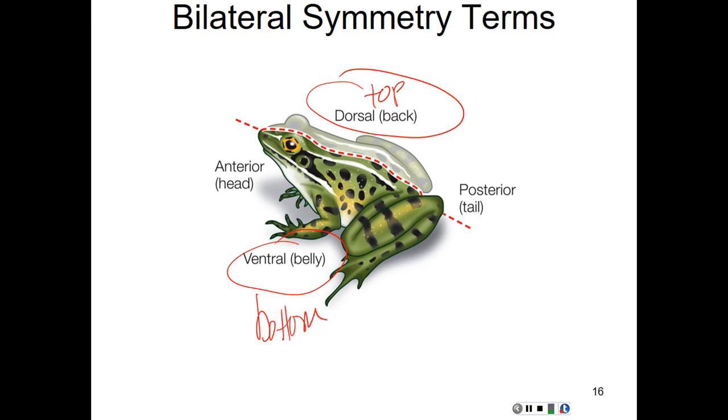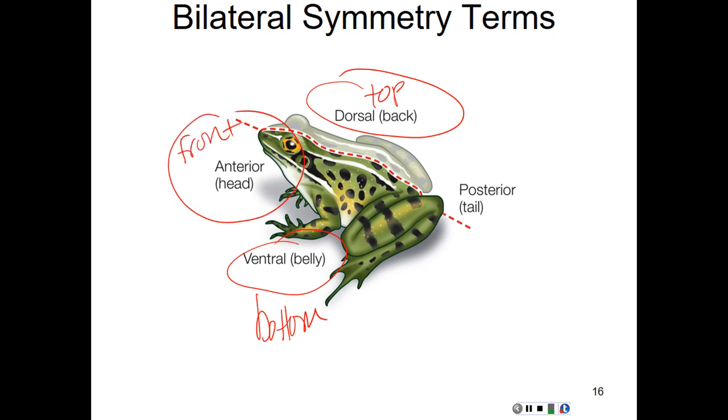Animals with radial symmetry do have a top and bottom side, what a lot of times we call the oral or the aboral side, and we'll get into that when we actually talk about some of those organisms. But one thing that radially symmetrical animals don't have that bilaterally symmetrical animals do is a distinct anterior and posterior end. The anterior end is what we might call the front of the animal.